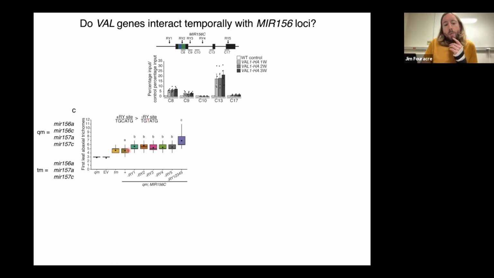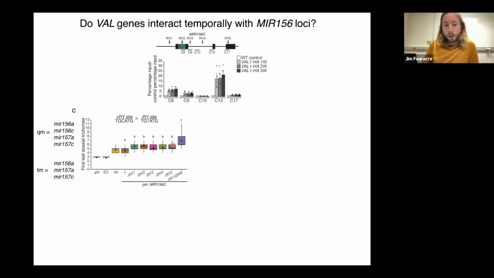So when I take a 156C fragment with all RY sites intact and transform that, you see effectively the same behavior as the triple mutant. So that's a nice endorsement to show that, okay, the wild type 156C fragment I'm taking behaves like the endogenous locus. Deletion of the 5 RY sites individually significantly delays the timing of abaxial trichome production.